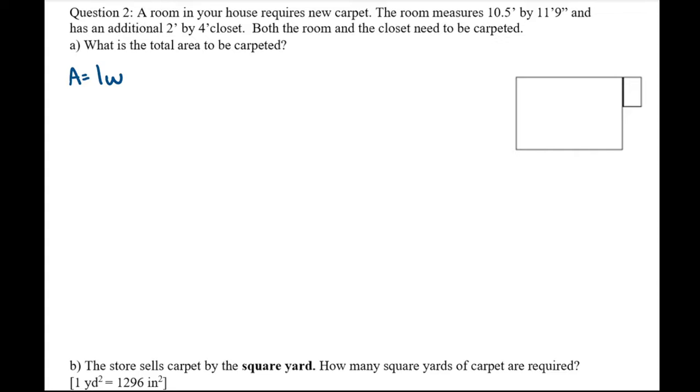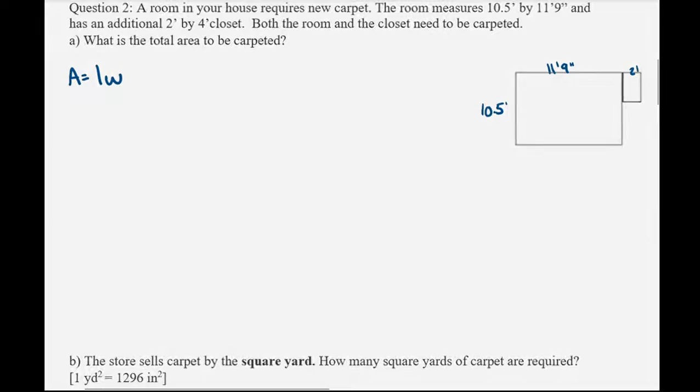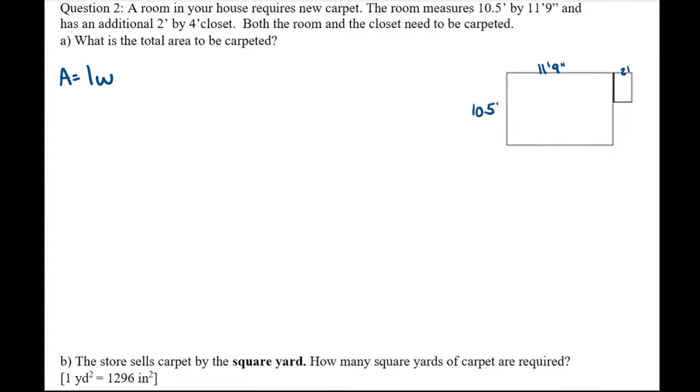If we look at our objects here, we have 10.5 feet, and then we have 11 feet 9 inches, then we have 2 feet by 4 feet for our closet.